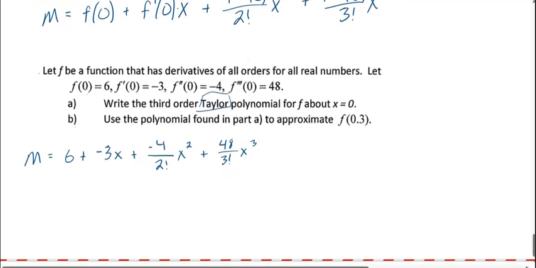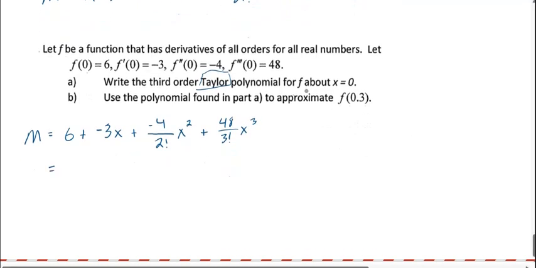And then I do want to go ahead and simplify this. This gives me 6 minus 3x plus, all right, 4 divided by 2 factorial is 2, so that gives me a minus 2x squared.